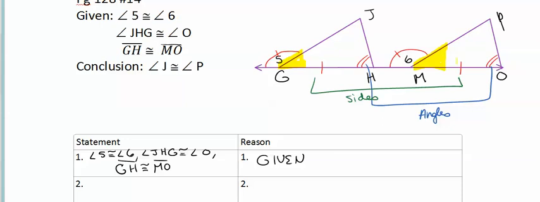You do this by looking at the diagram and what's given to figure out what would be easiest to find congruent. My suggestion is that JGH being congruent to PMO is going to be the easiest thing to prove congruent, since we already know that angle 5 is congruent to angle 6.